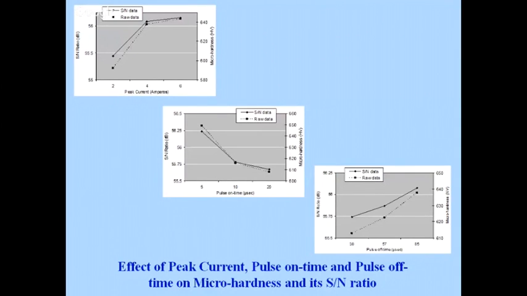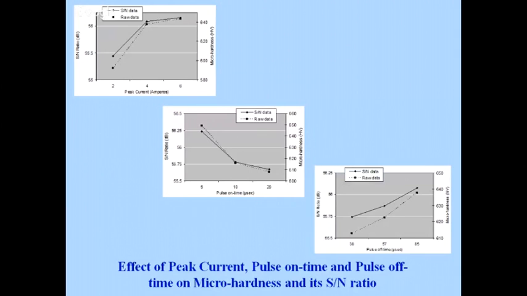When I increase the current from 2 to 4 amperes, it has a profound effect on micro hardness. Micro hardness increases and it increases substantially. When I change current from 4 to 6, though micro hardness increases, the effect is not significant.